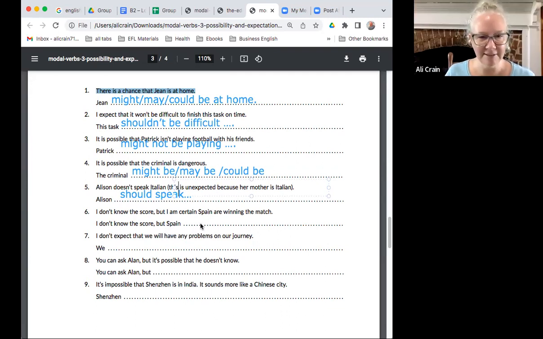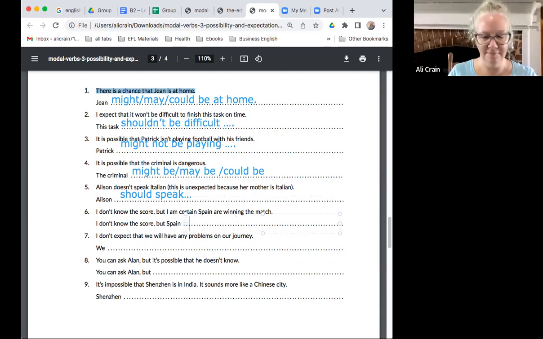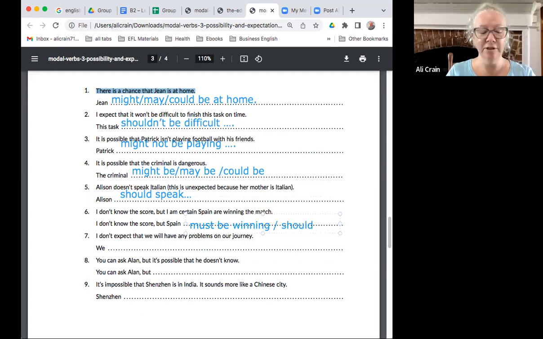Okay, Kalinka, number 6. I don't know the score, but I'm certain Spain are winning the match. Spain should or must be winning the match. Must be winning. I think should could also be used there. Might be.